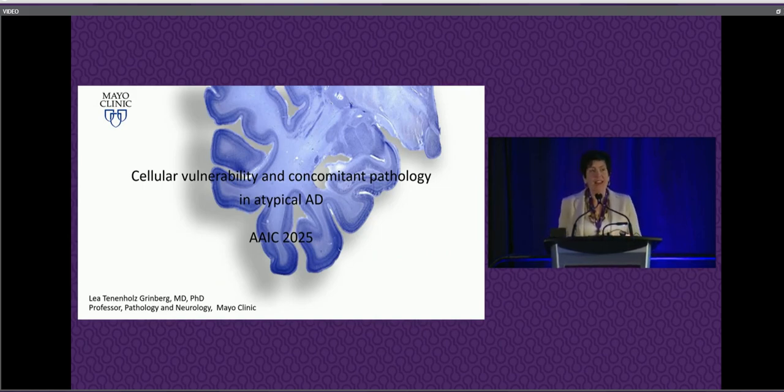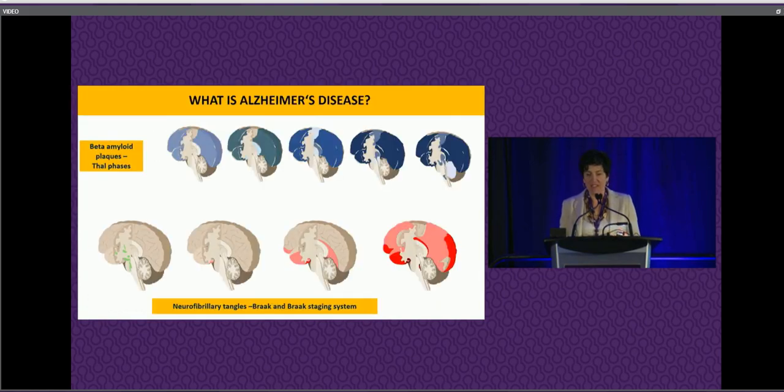So in my lab, we work with post-mortem tissue trying to understand heterogeneity of Alzheimer's disease, and I would love to share some of these studies with you today.